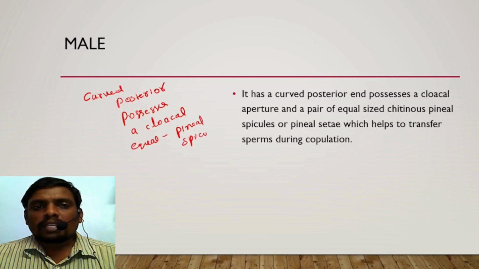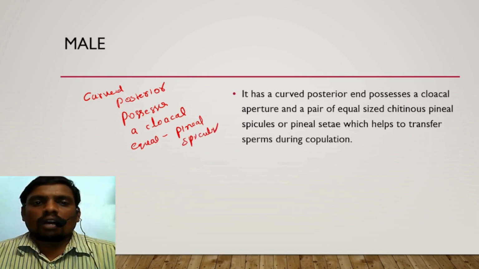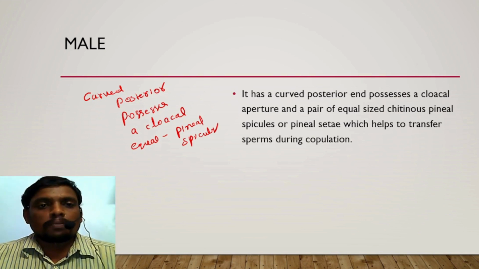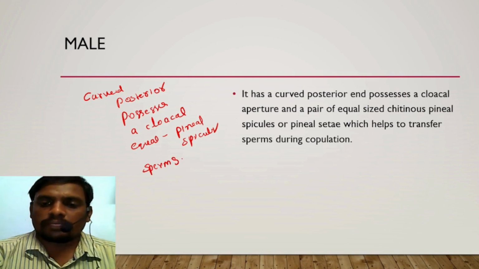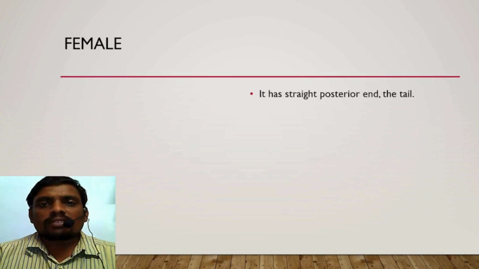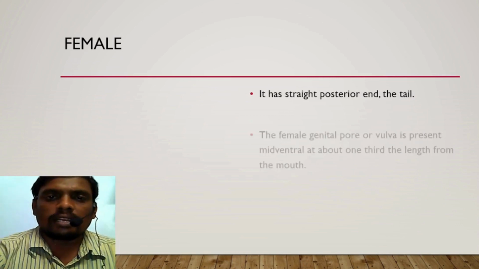These penial spicules, also known as penial setae, help to transfer the sperm cells during fertilization or copulation.